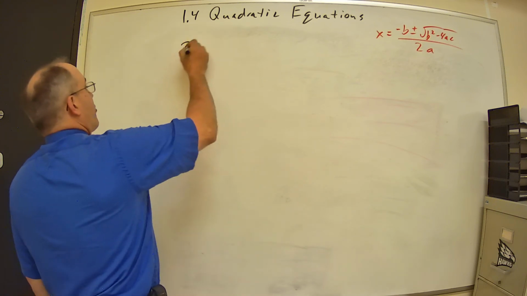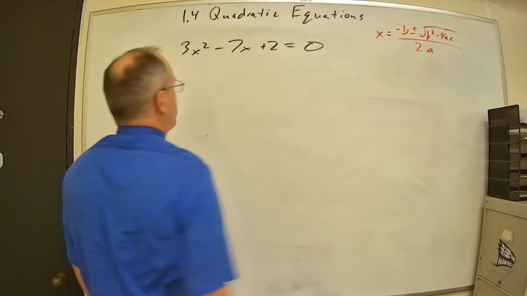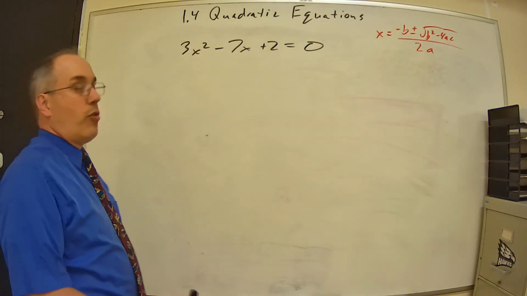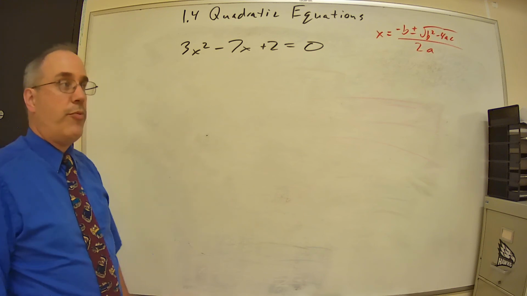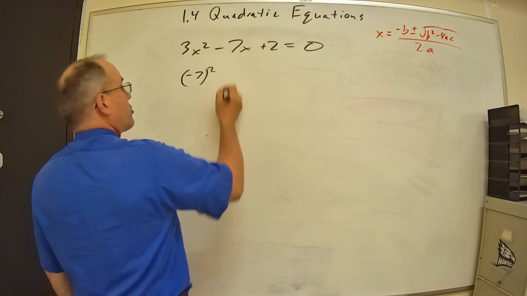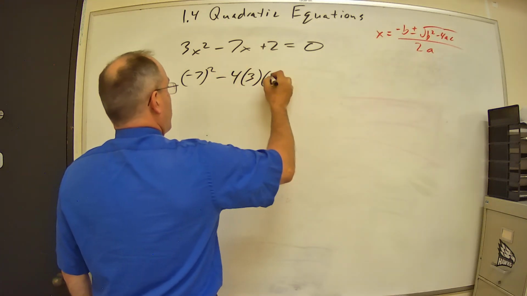So let's say I have 3x squared minus 7x plus 2 is equal to 0. Okay, if that's the case, and we want to know how many and what type of roots, we're going to say b squared, so negative 7 squared, minus 4 times a times c.